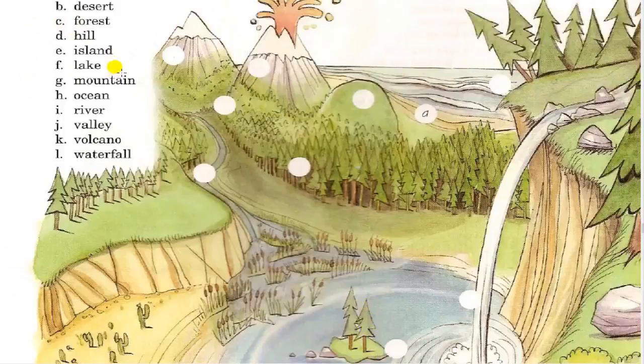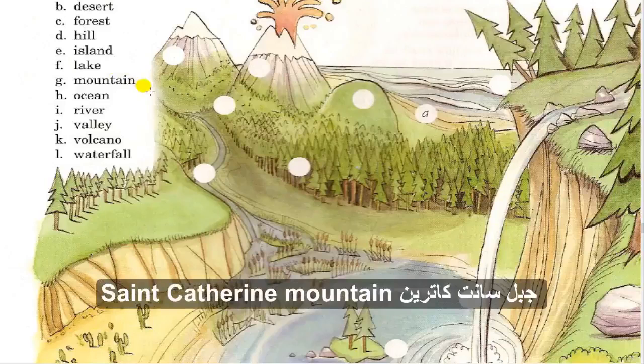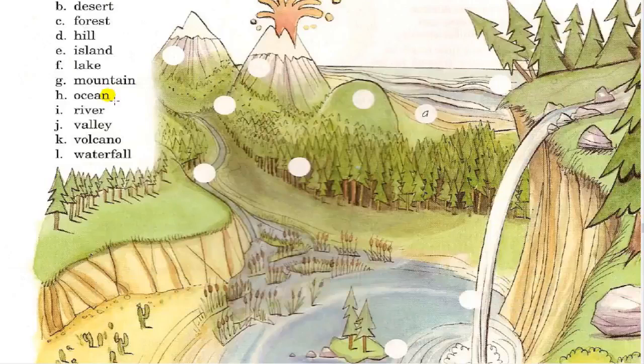Lake, Nasser Lake, Ismailia Lake. Mountain, St. Catherine Mountain. Ocean, Atlantic Ocean, Pacific Ocean, Indian Ocean. River, the Nile, the Mississippi, the Amazon.